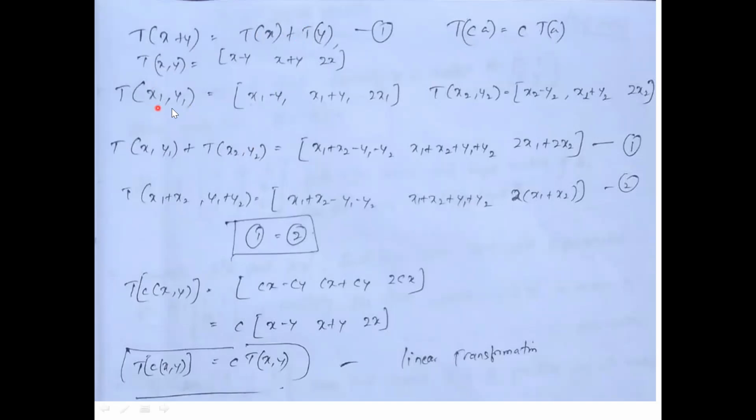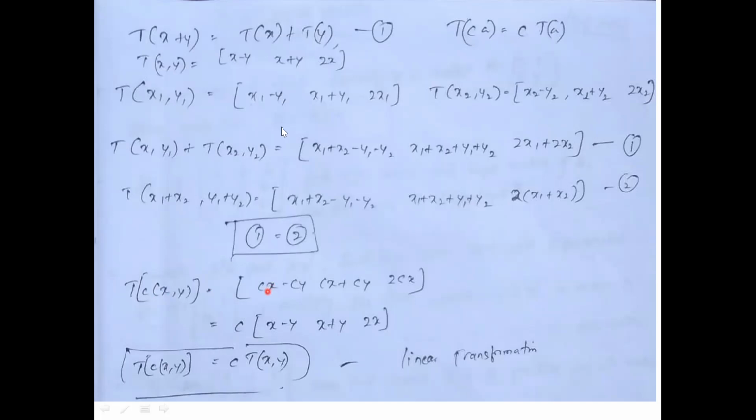When I apply it to x1 y1, I will get x1 minus y1, x1 plus y1, 2 into x1. When I apply it to the set x2 y2, I get x2 minus y2, x2 plus y2, and 2 into x2. Then if I add them, they all get added up neatly and it all works fine. The second one is scaling by factor C. Let me take the scaling factor inside.